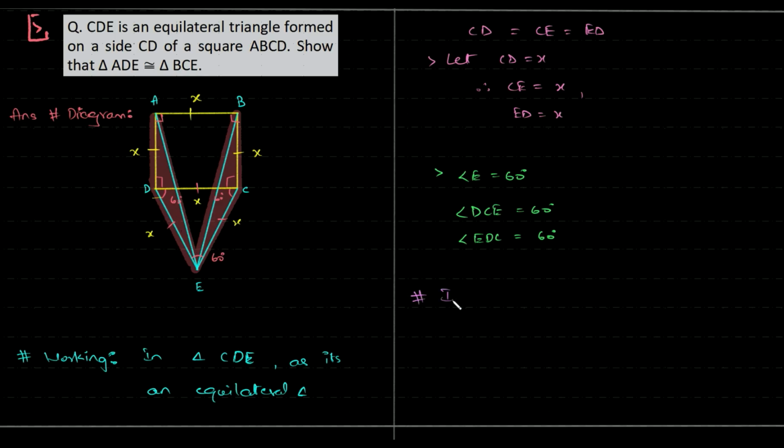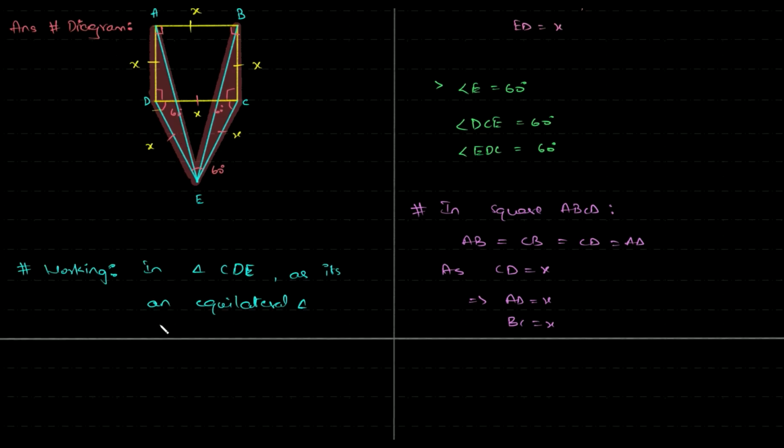Next thing, in square ABCD, AB will be equal to CB is equal to CD is equal to AD. As CD is equal to X, this implies AD is also equal to X and BC is also equal to X. We have explained the reasoning very neatly.